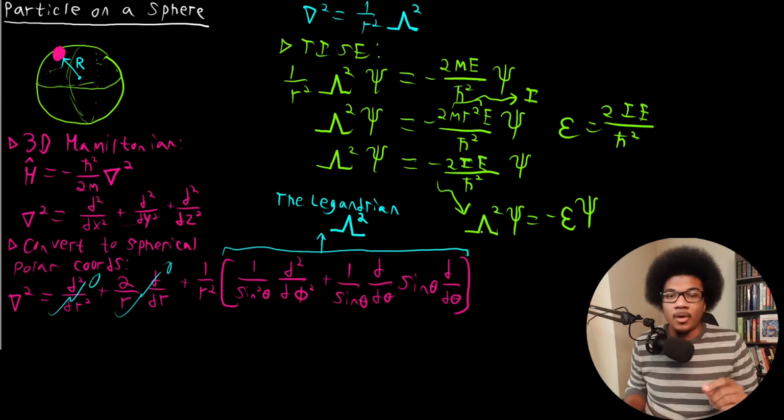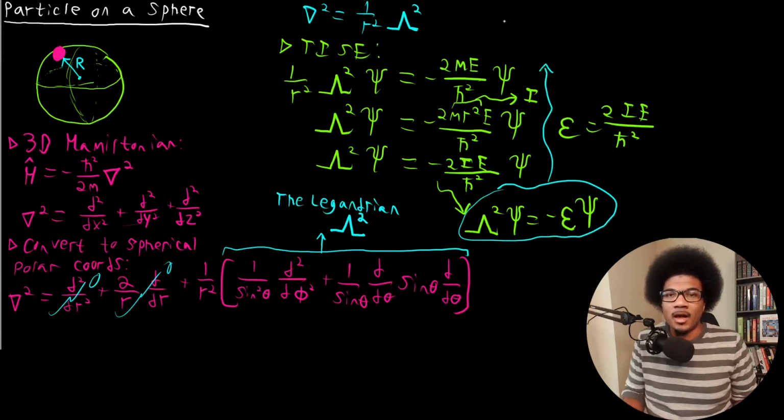I put it in this form just to make something explicit. We have a partial differential equation here because lambda squared and psi are functions of theta and phi.